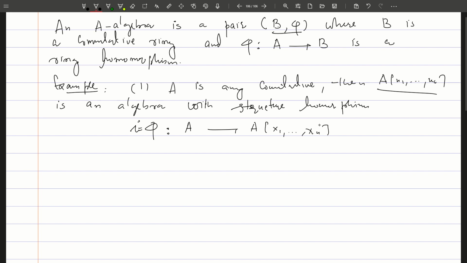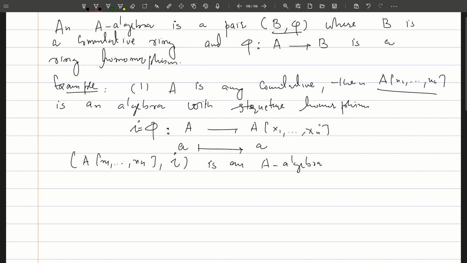When an element a goes to a, this is the structure homomorphism. So this pair is an A algebra.